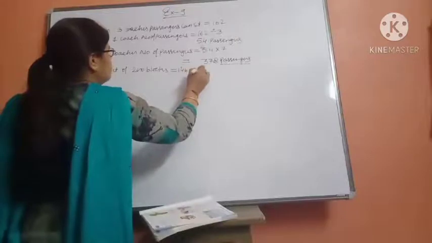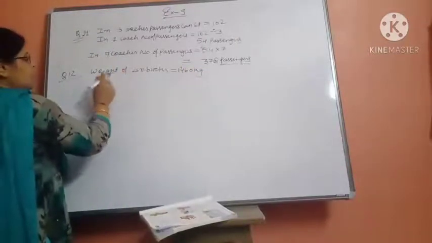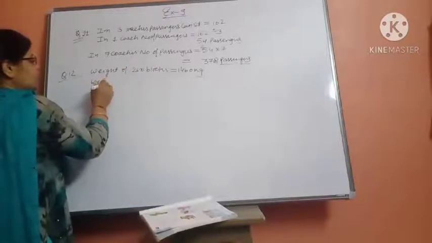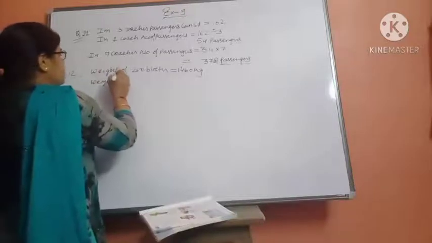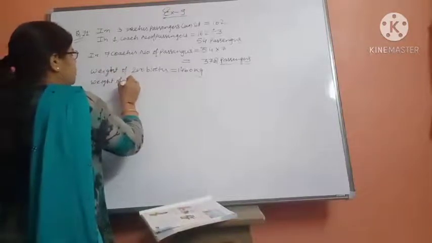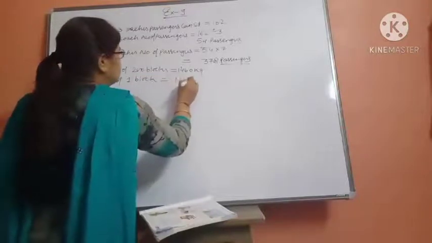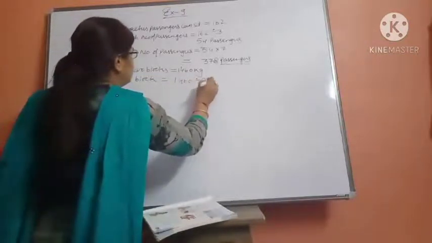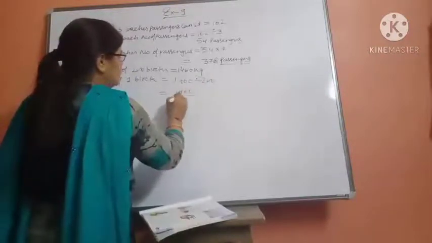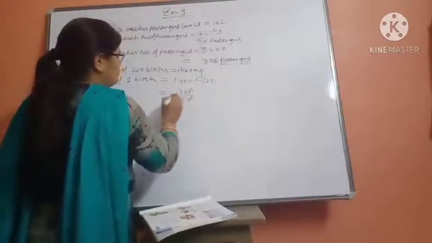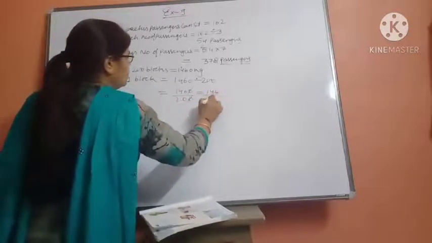So in the unitary method, first of all, what will you do? Calculate the weight of one block. So the weight of one block will be equal to 1460 divided by 200. So see that 1460 divided by 200 will be 146 upon 20.